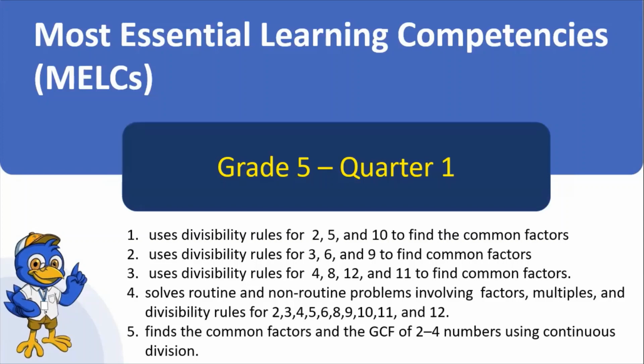It is important that students use divisibility rules for 2, 3, 4, 5, 6, 8, 9, 10, and 11 to find common factors. Students are also expected to solve routine and non-routine problems involving factors, multiples, and divisibility rules.